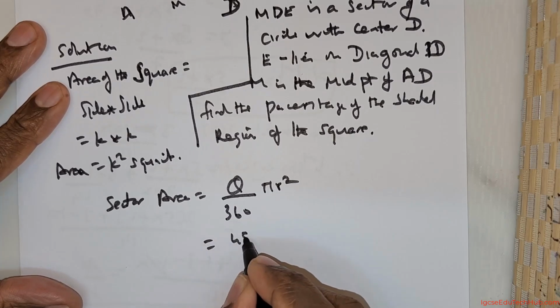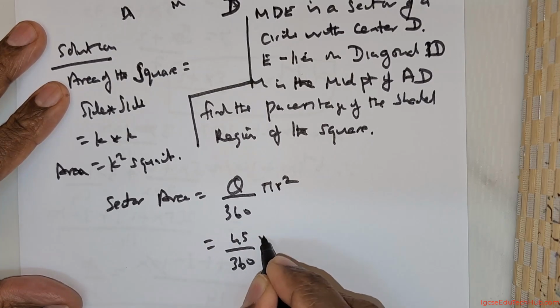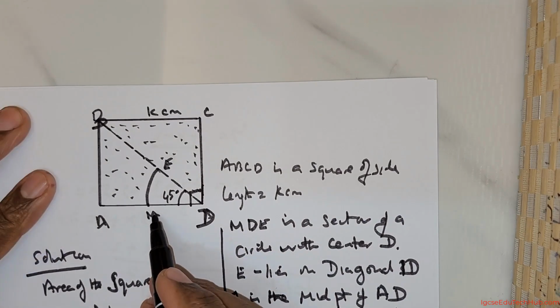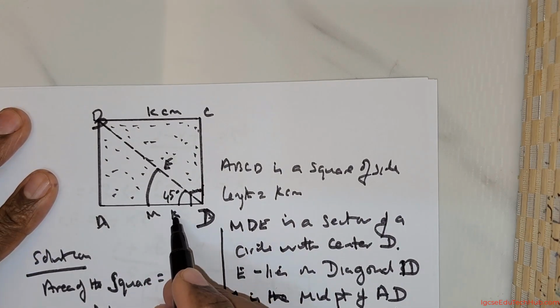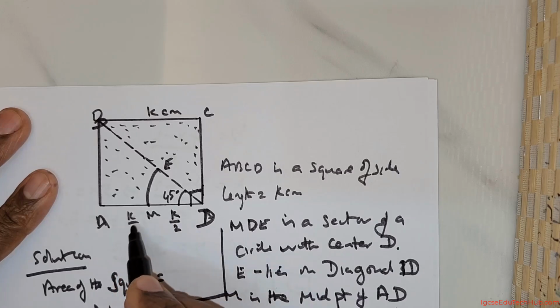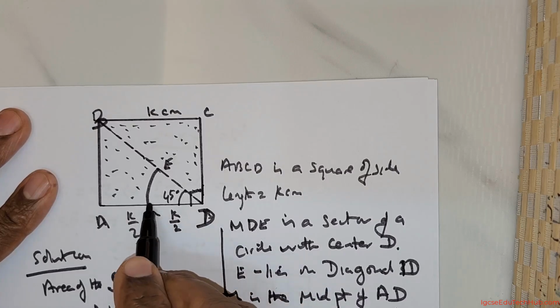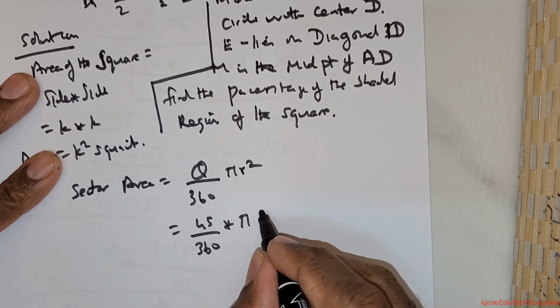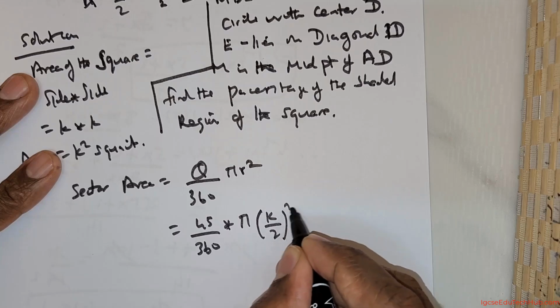So this means 45 over 360 multiplied with pi into, now M is a midpoint, right? So clearly this distance is going to be K over 2. So this is known, so you can substitute that value, K over 2 squared.